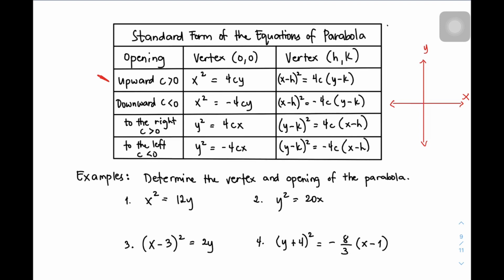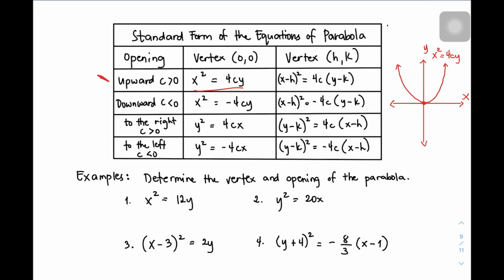Sorry, I hope na makapag-draw ako na maayos ng parabola. Like that. Yung opening is upward. And then, yung kanyang vertex is located at 0, 0 or the origin. Ito yung standard form niya: x squared is equal to 4cy.